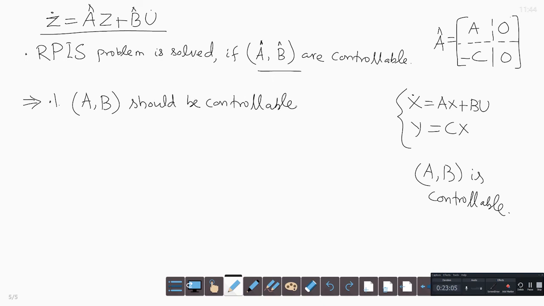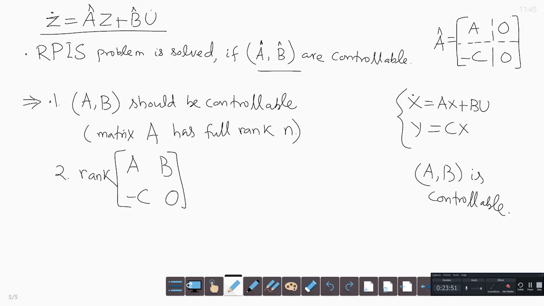That means matrix A has full rank n, here n is 2. Second, the rank of the matrix A, B, minus C, 0 should be n plus p. N is the number of state variables, here it is 2, and p is the number of outputs, here it is 1.